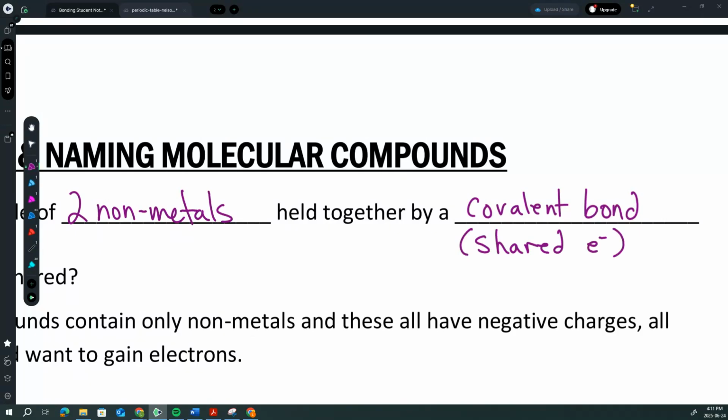Now, as said previously, there are two types of covalent bonds: polar covalent and nonpolar covalent. Polar covalent means that the electrons are not shared equally between the two atoms, whereas nonpolar covalent just means that the electrons are being shared equally between two atoms.